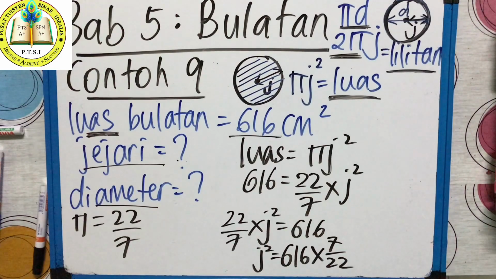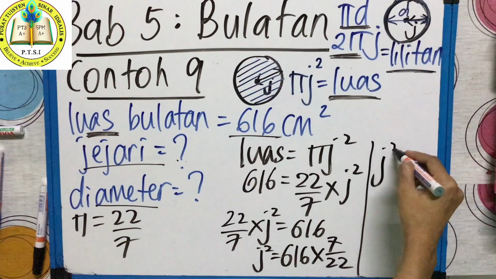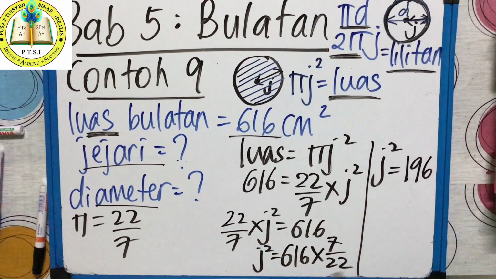Press this in the calculator, 616 times 7/22. Kamu dapat 196. So you get J kuasa 2 equal 196.